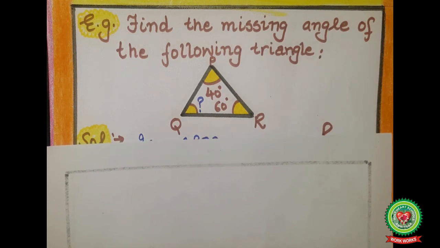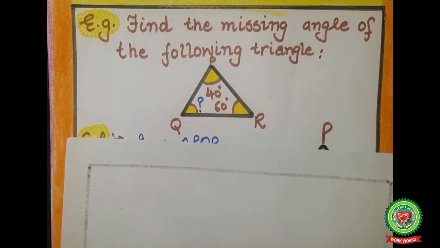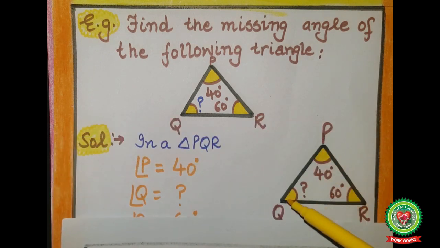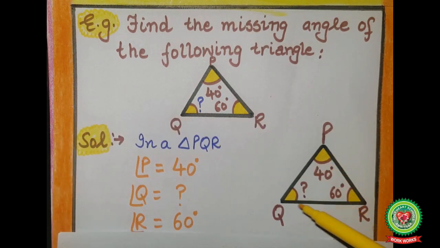while doing the solution of these type of sums, very first step is make the figure. So, on the right side of your copy, you will make figure. Angle P is equals to 40 degree, angle R is equals to 60 degree, angle Q is equals to question mark.